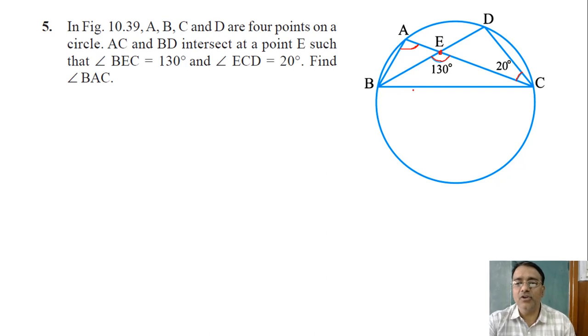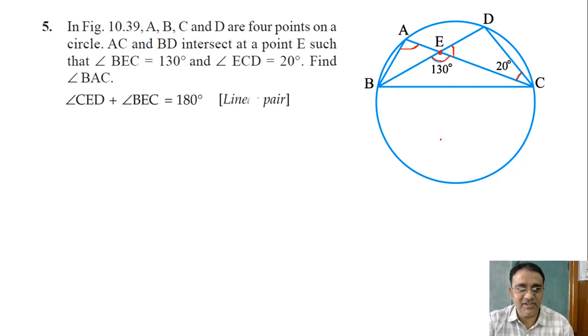Okay, so how do you find it? First of all, CED. Look carefully, what is the value of this angle? 50 degrees. How? Linear pair. Right. The sum of these two angles is 180 degrees, linear pair. We'll start from there, and the value of this angle is given as 130 degrees.